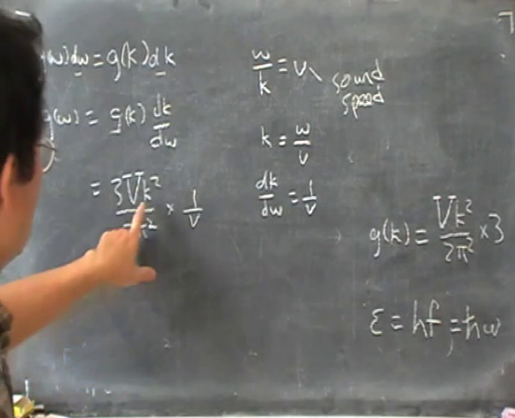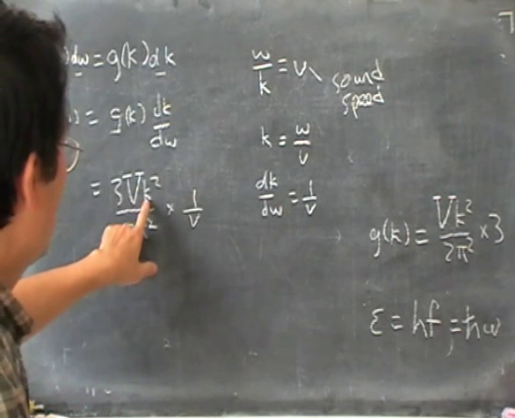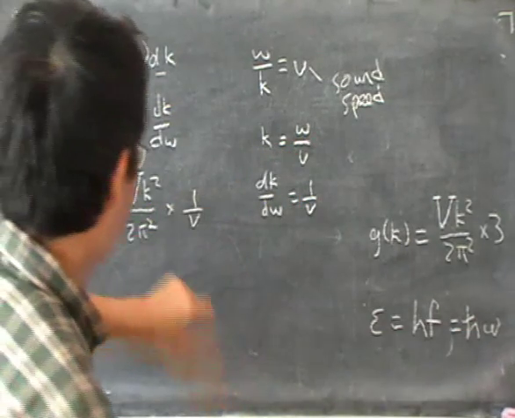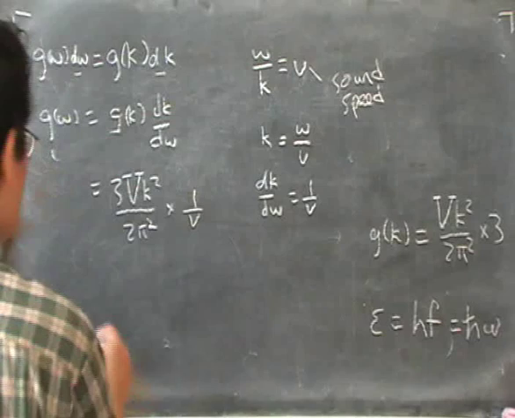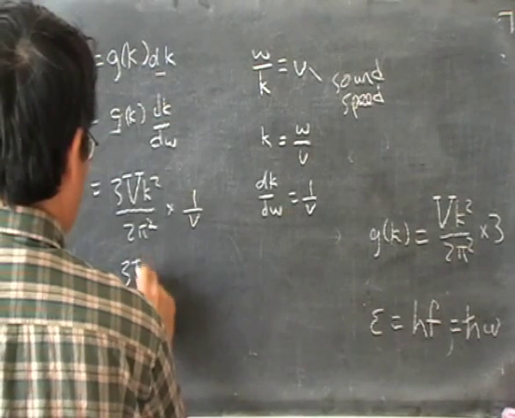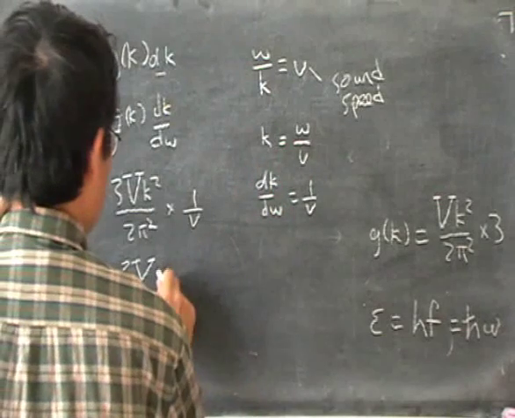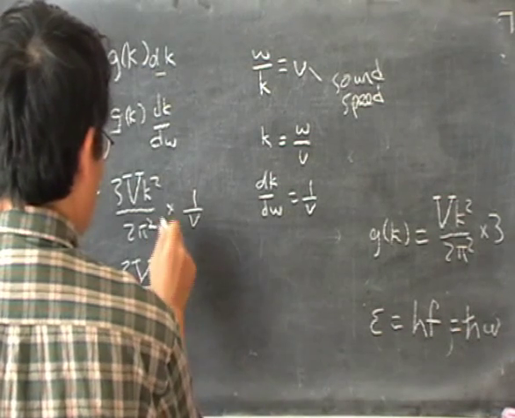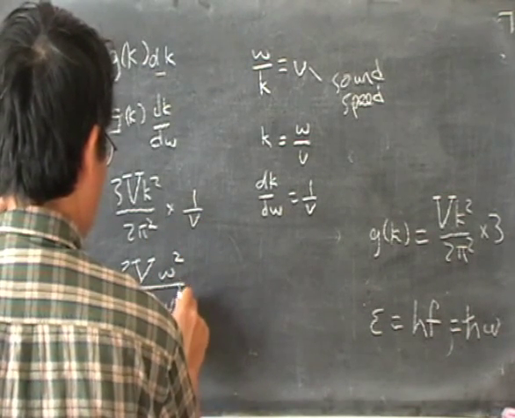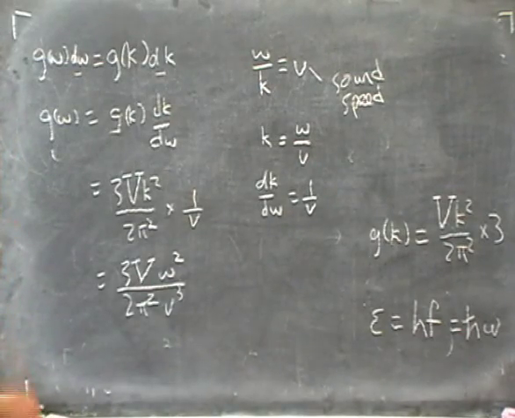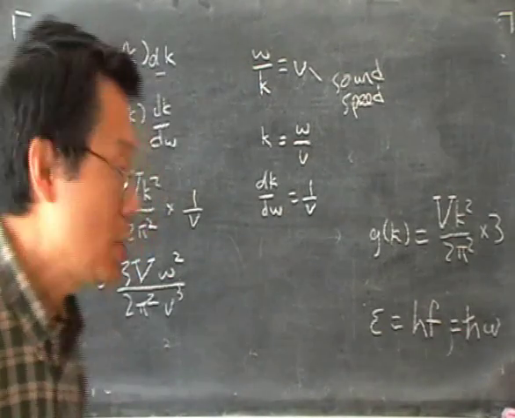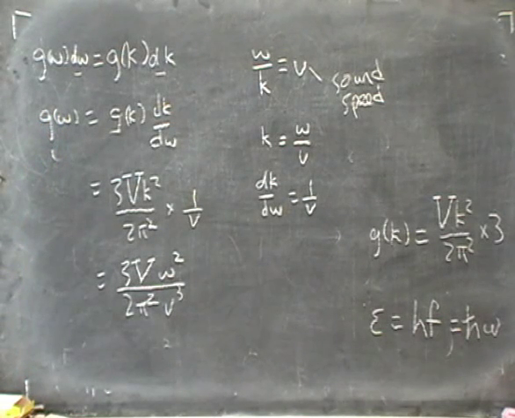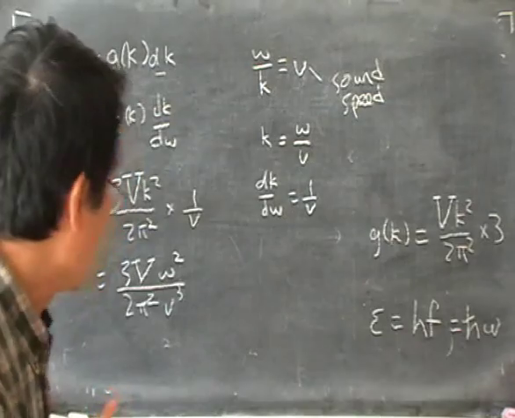And finally we can now make the substitution for k in terms of omega. So k is omega over v, that gives omega squared over v squared. And the v squared will multiply by the v there to give a v cubed. And that then is the density of states in the variable of angular frequency. So let's try and remember that, and we'll need to make use of this afterwards.